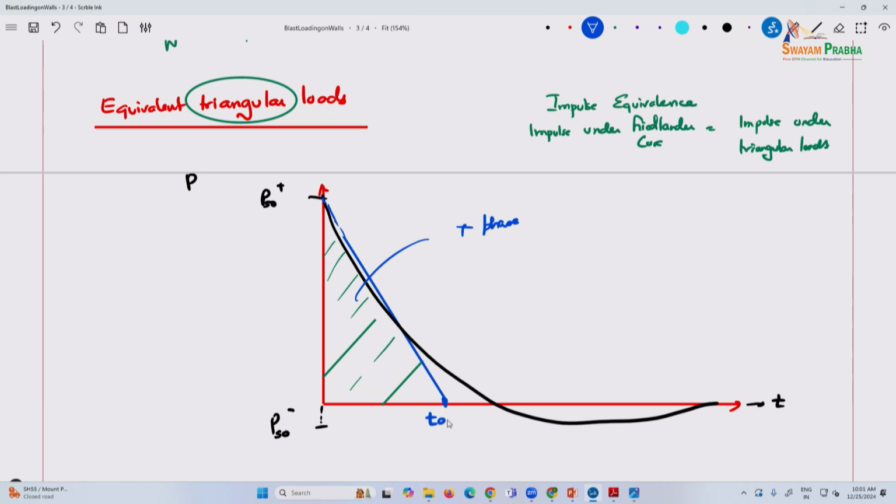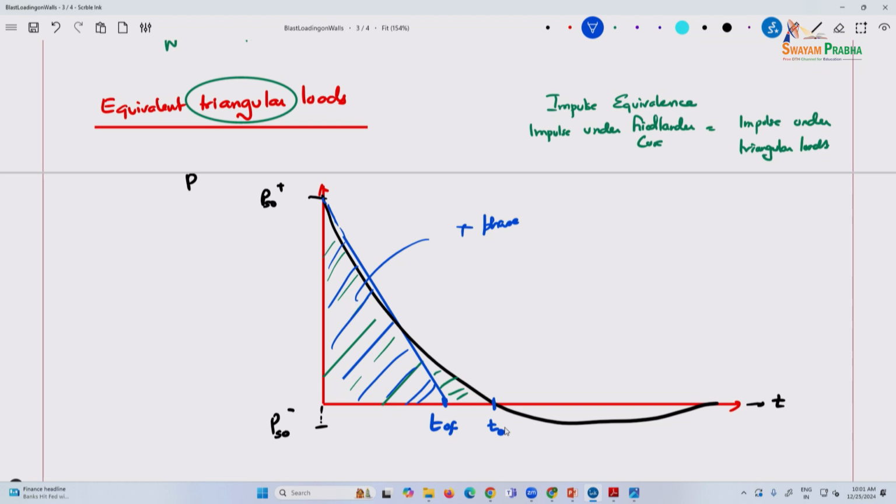So the blue part would be the equivalent impulse in this case. The blue and the green areas are equal. So this is TOF, and this is your T naught or TD, the duration of the positive phase.